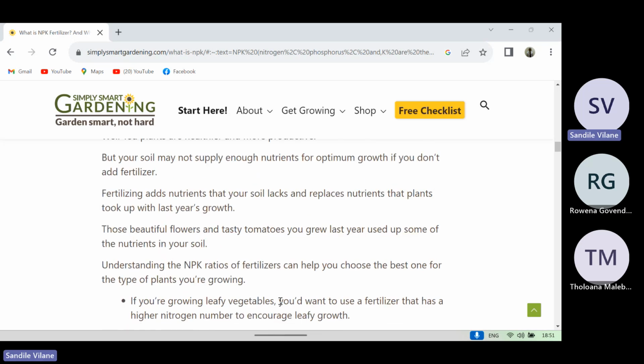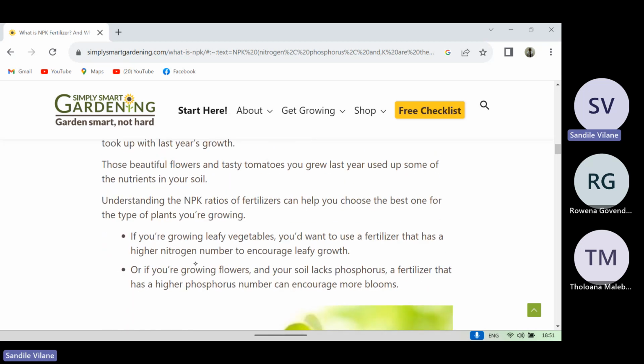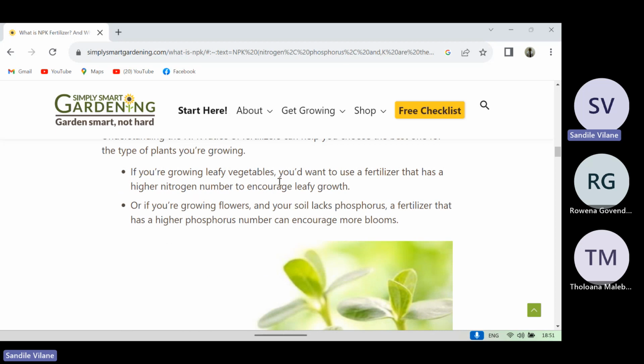If you look at bullet number 1, if you are growing leafy plants, you'd want to use fertilizer that has a higher nitrogen number to encourage the growth of your leaves.